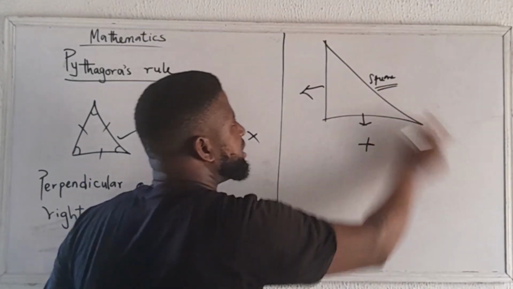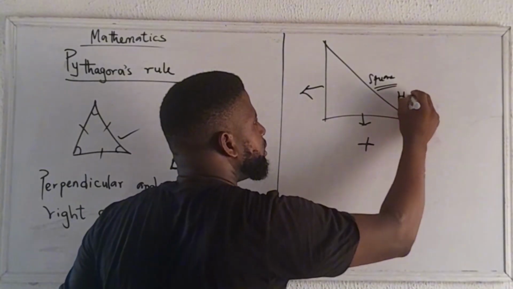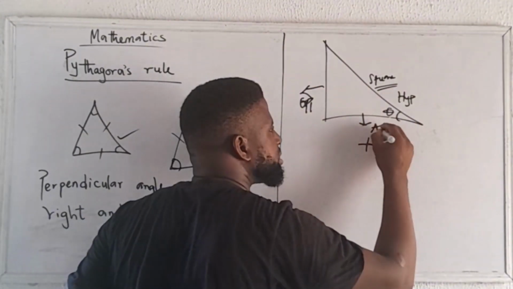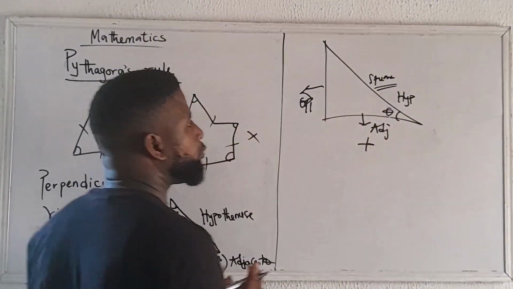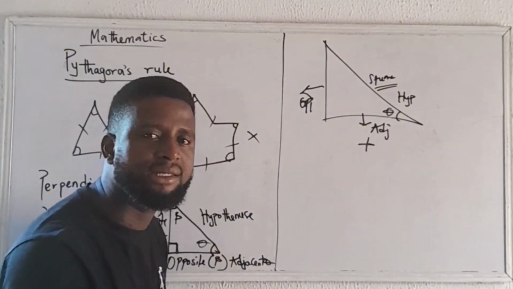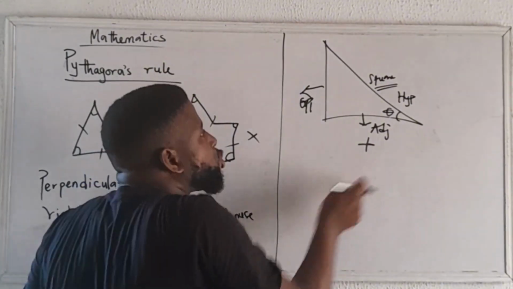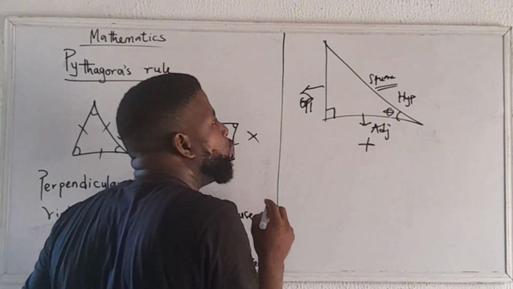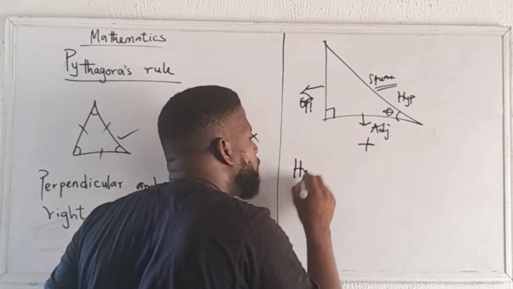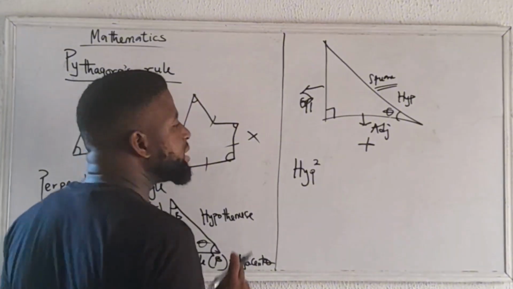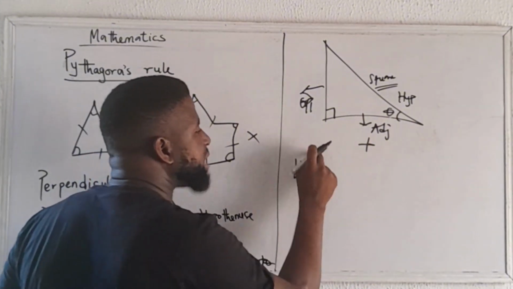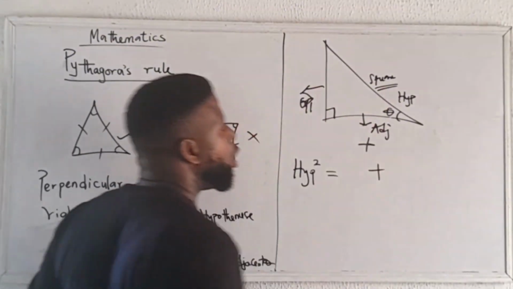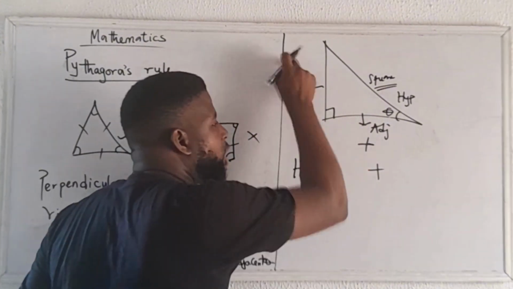The longest side is the hypotenuse, right? If this is our angle, this is opposite, and this is adjacent. So Professor Pythagoras states the rule to say the square of the longest side, which is the side facing the perpendicular angle, which is the hypotenuse, is equal to the sum of the squares of the two other sides.